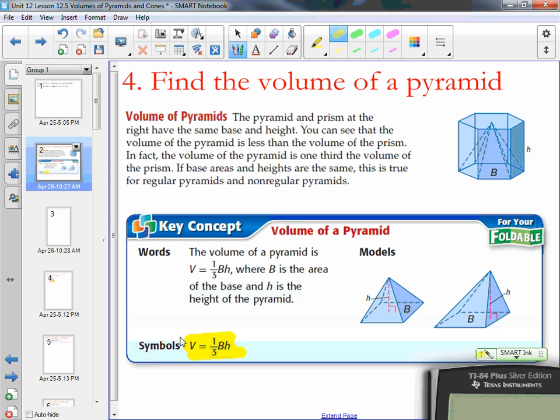And like yesterday with prisms, it depends on what they give us. If the base is a square or something that's easy to work with, then these problems tend to be fairly easy. If they don't give us all the information we want, then we'll have to draw in our own lines and make right triangles and figure out the things we need to find the area of the base and to find the height. Okay?